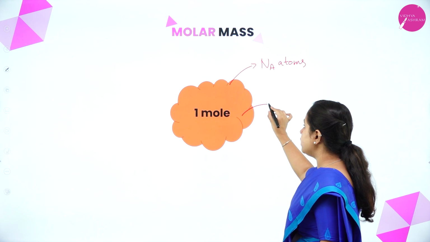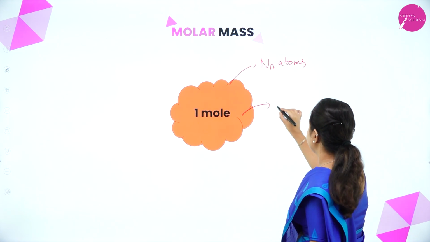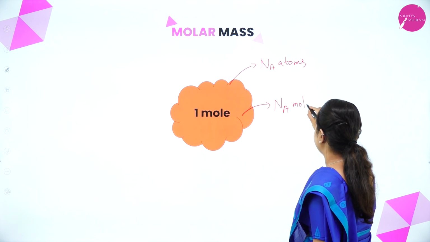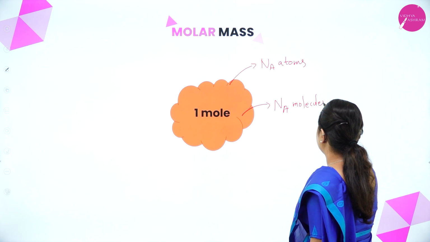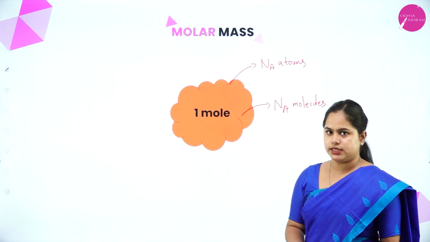Now, your 1 mole can also be equal to Avogadro number of molecules, Na molecules. So, this is in terms of number of particles that are present.